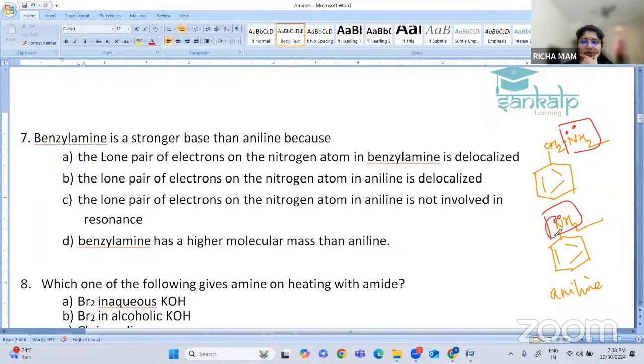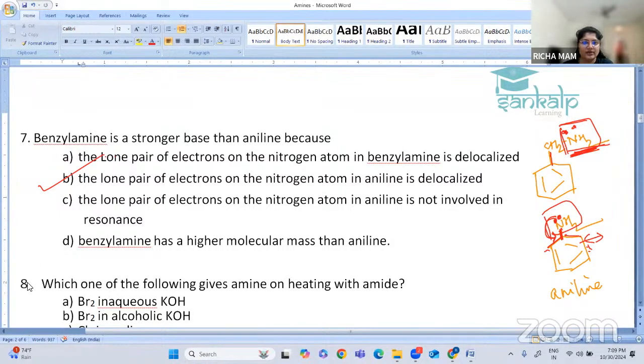They will undergo resonance easily because the nitrogen is attached directly to the benzene ring. In benzylamine, the lone pair of electrons is not directly involved with the benzene ring, so it does not undergo delocalization. Because of that, benzylamine is a stronger base as compared to aniline. So option B is the answer.